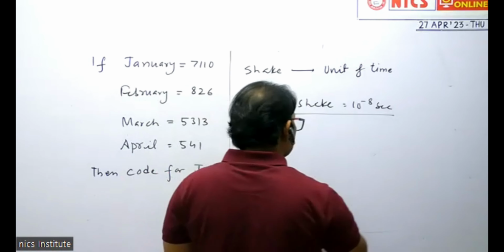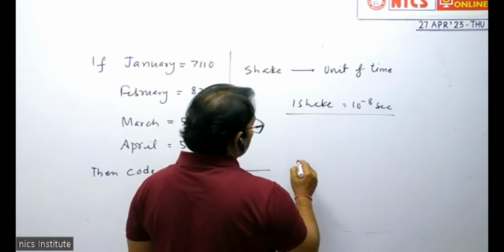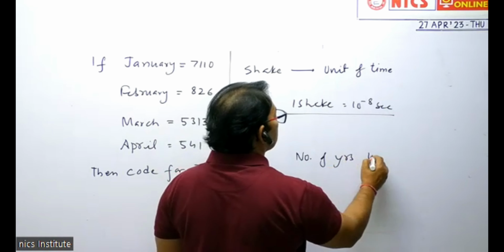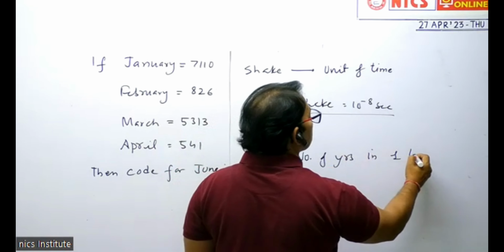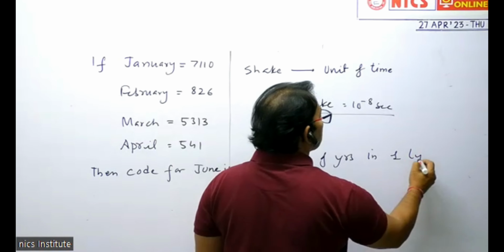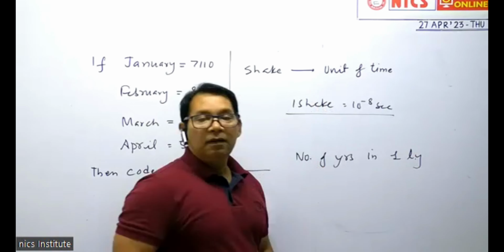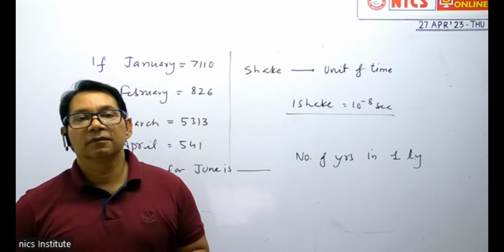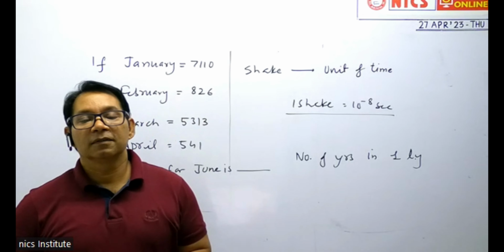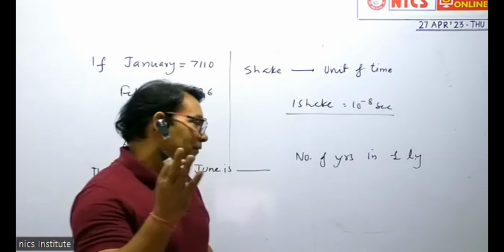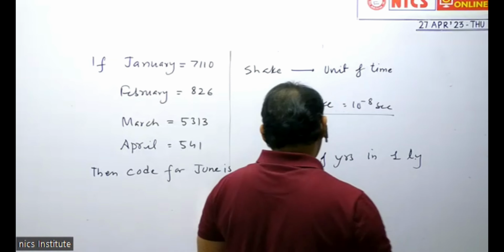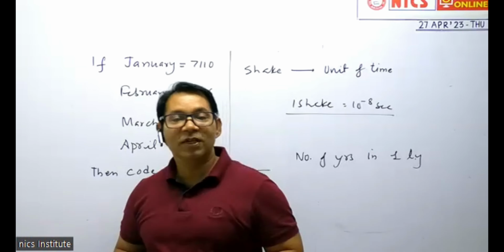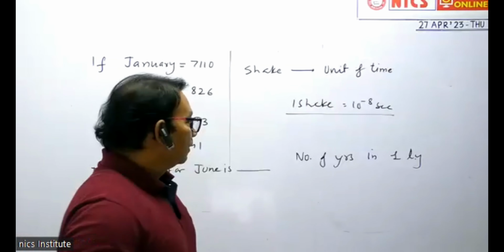Tell me how many years in one light year? Number of years in one light year. Zero. I remember this question very well because during my Roorkee days, I was asked this question in ragging.